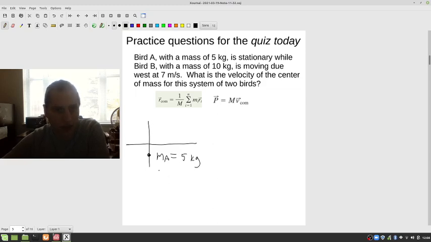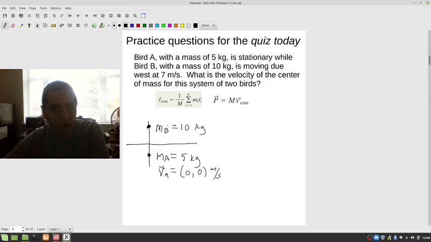And he's stationary. Okay, so the V of A in this two-dimensional plane is going to be 0, 0 meters per second. Okay, and it says bird B has a mass of 10 kilograms. And again, I'm not telling you where these birds are, so they could be anywhere.